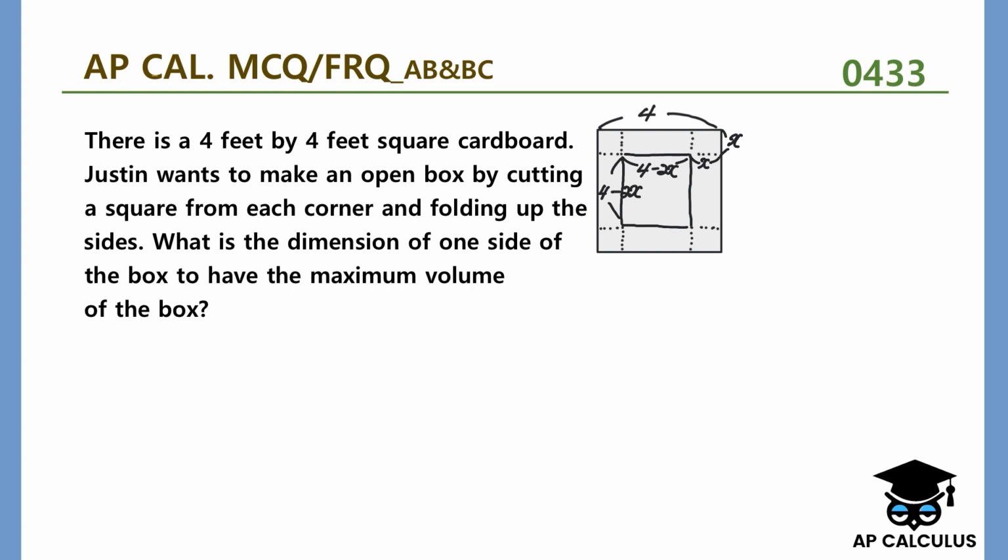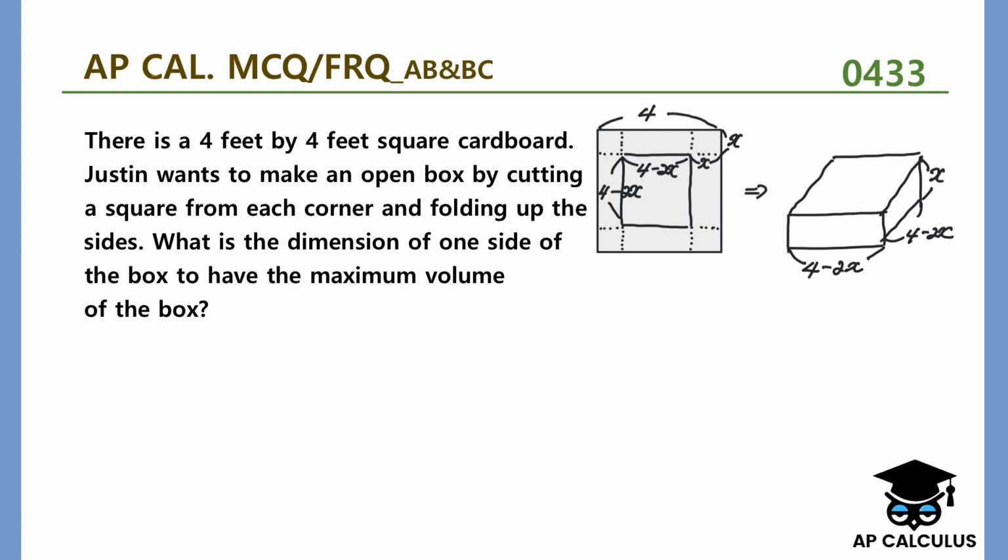Does that make sense? And we're going to make an open box that looks like this, right? Okay, the height will be x, and the base is 4 minus 2x, 4 minus 2x.